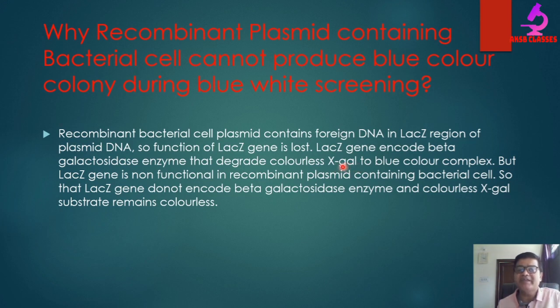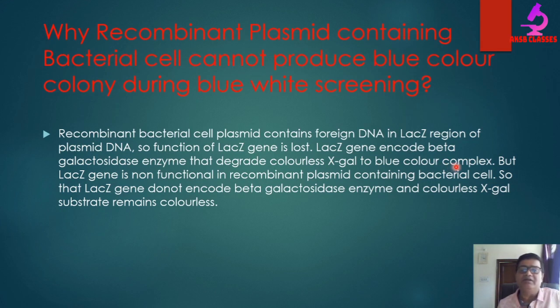So there is a breaking of this X-gal due to the presence of beta galactosidase, and it will produce a blue color complex. It means that a plasmid that is non-recombinant encodes the enzyme beta galactosidase and breaks down the X-gal, that is a colorless substance, to a blue color complex.